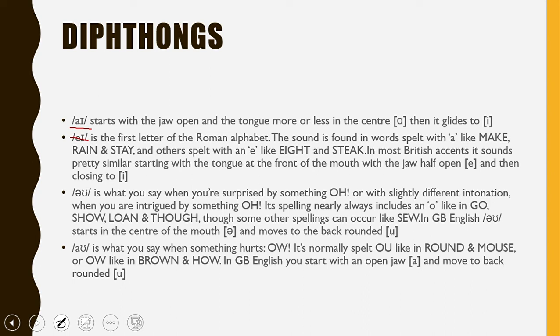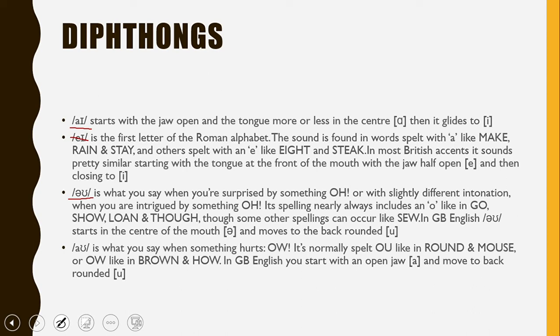Next is O. This is the sound you make when you're surprised by something. For example, your friend has given you a surprise birthday party and she suddenly brings a cake and you say oh. That's the sound.